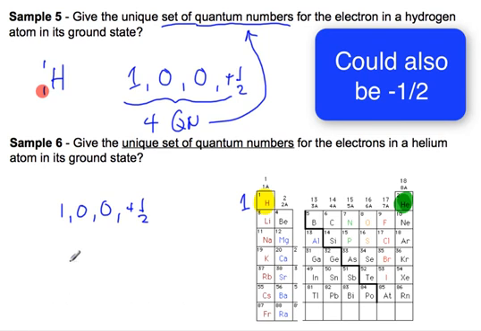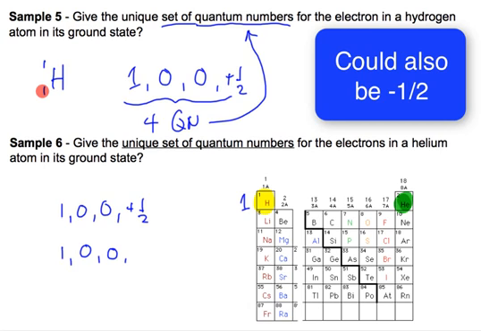And so the second electron, well, it's still at n equals 1. It's still in the s block, so the value of ml is 0. It still can only have one possible value for ml, and that is 0, because it's the same orbital as the previous one. And so we now have to make this set of numbers unique.